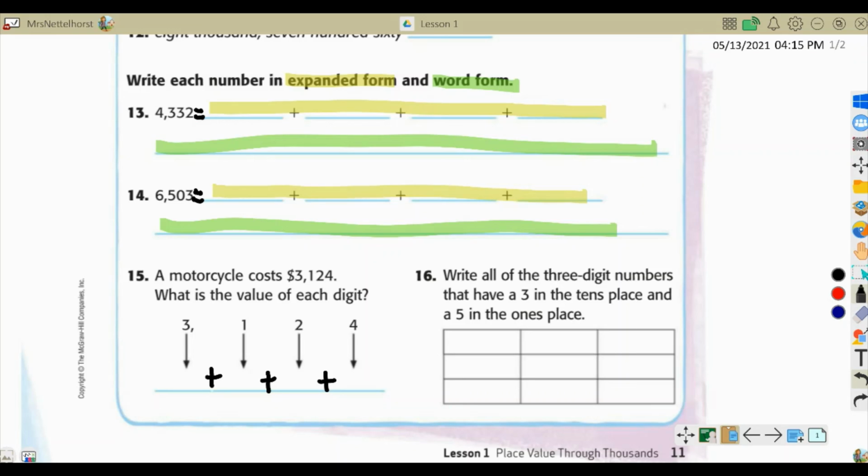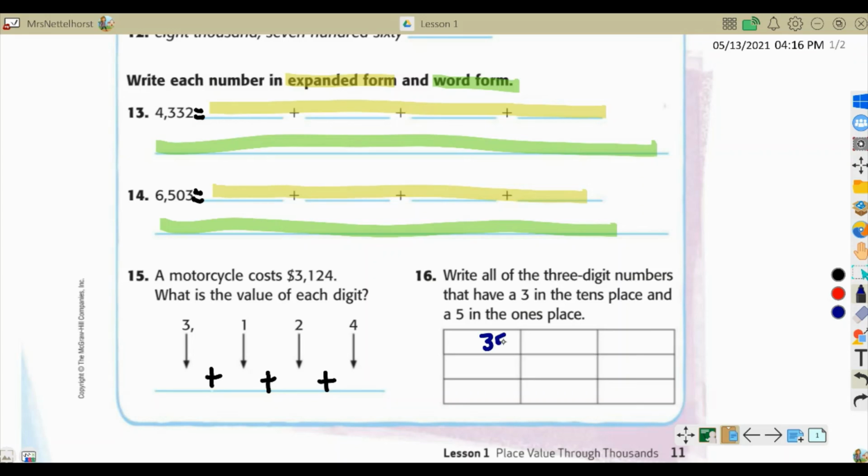Write all of the 3-digit numbers that have a 3 in the tens place and a 5 in the ones place. I wasn't sure what they meant by this, so I checked the answer key, and now I know. Every single one of the numbers that go in this chart is going to have a 3 in the tens place and a 5 in the ones place.